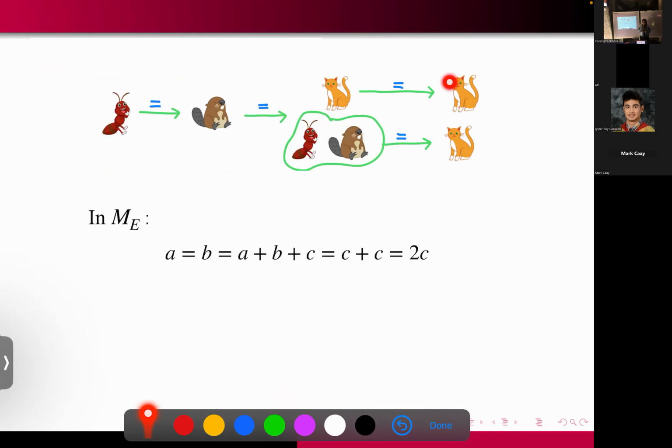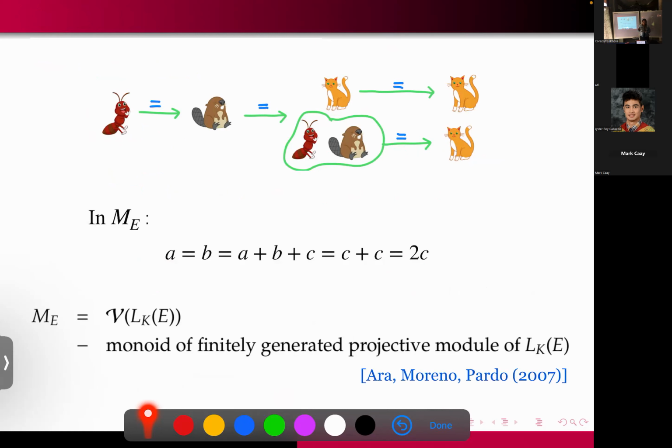Therefore, the calculation that we already did earlier is actually a calculation in your graph monoid. And A would be equal to 2C. To make it just a little more complicated than it looks, because it looks so simple, let's make it a little complicated.